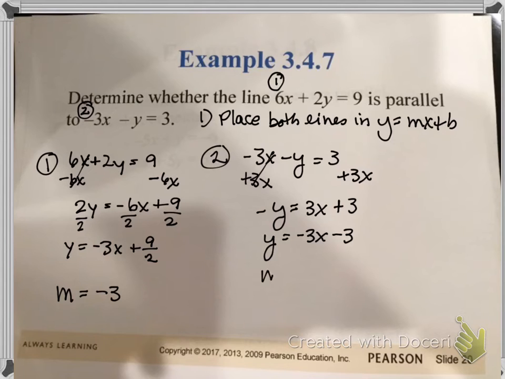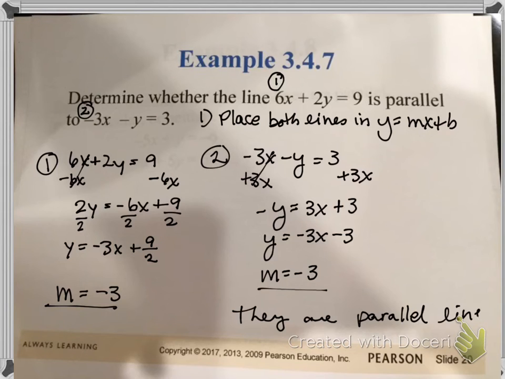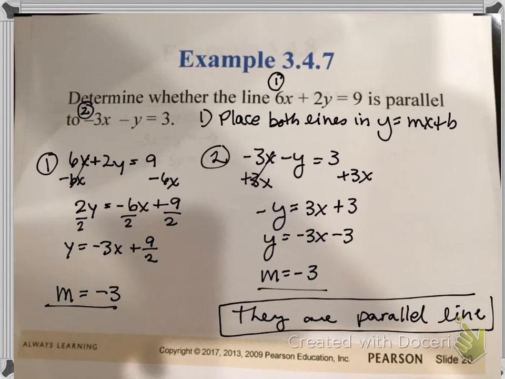And I see that m is -3 as well. So when both the slopes of the lines you're looking at are the same, after you place them in y equals mx plus b, then they are parallel lines. So the answer to this is yes, they are parallel lines because their slopes are the same.